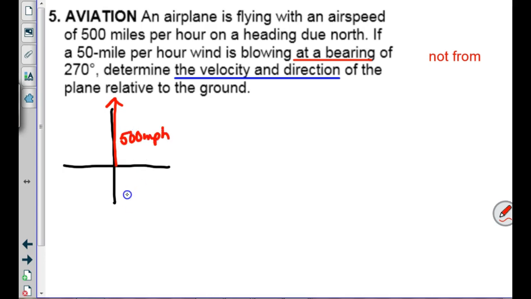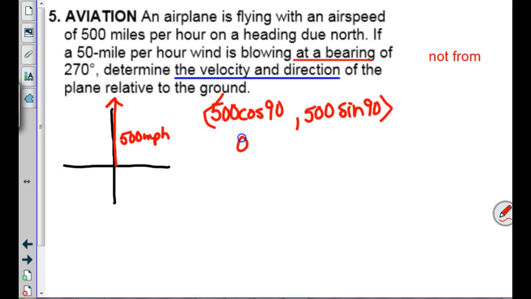Well, you could use 90, right? Yeah. But it's going to turn out, so you could write 500 cosine of 90, 500 sine of 90. But it's going to turn out to be 0 to the left or right and 500 straight north, right?